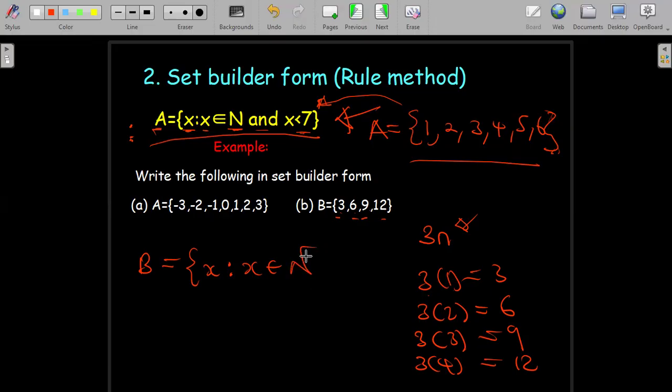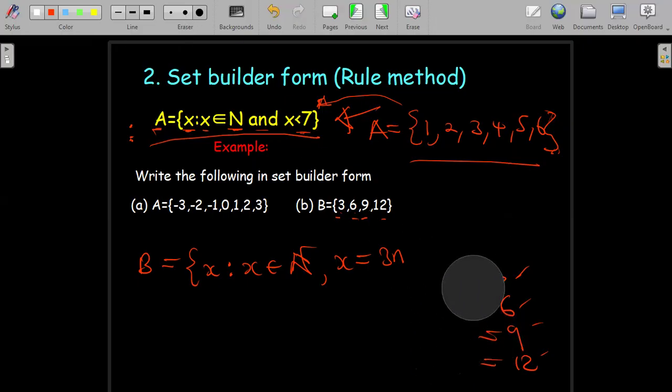Then also, x is equal to 3n, because what's giving me these numbers, the 3, the 6, the 9, is the 3n. So x is just equal to 3n.